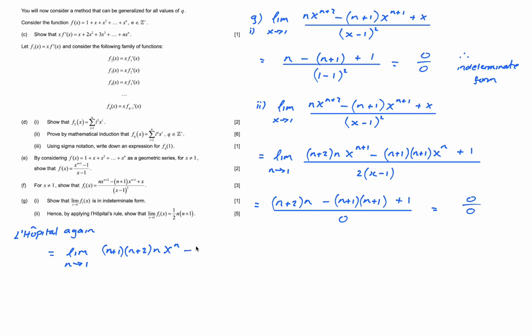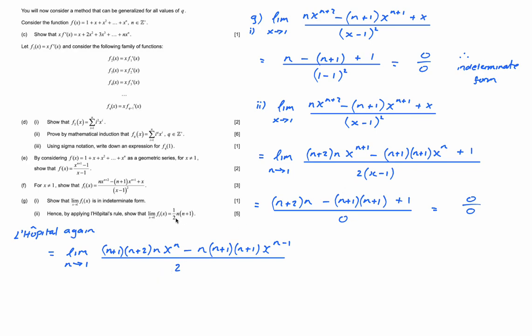Here, multiply by n plus 1 times n plus 1. I'm multiplying by this power, and then I subtract 1 from this power, so this becomes x to the n minus 1. And this guy disappears because the derivative of 1 is 0. And this is all over the derivative of 2x minus 1, well, that's just 2, because it's like 2x minus 2 if you multiplied it out.